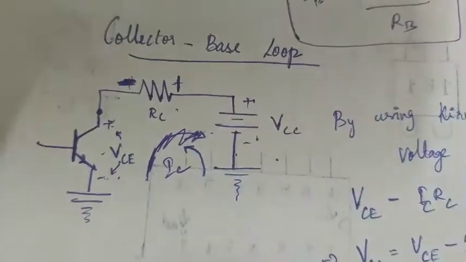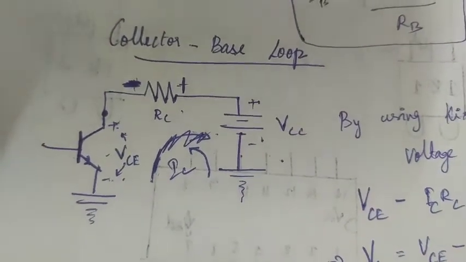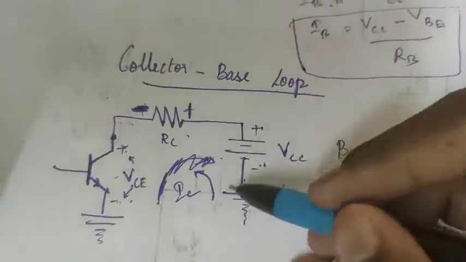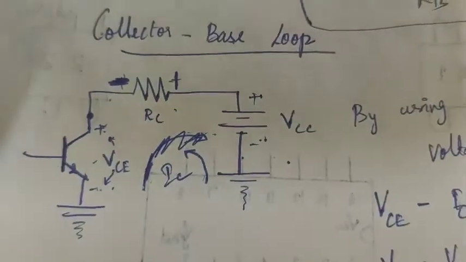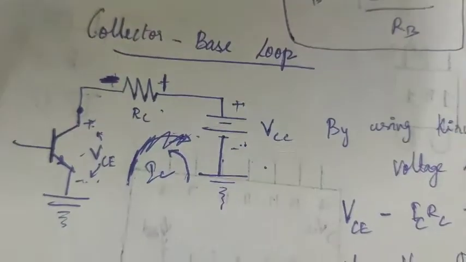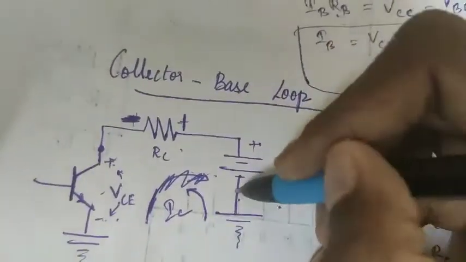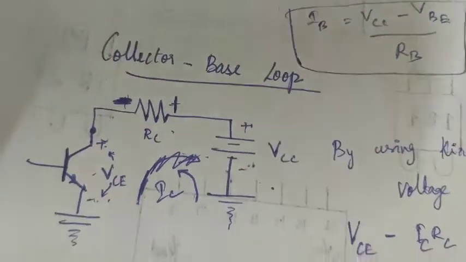The flow of current starts from VCC, because flow should start from IC. So IC should move in anti-clockwise direction, since VCC is on the right side, that is from right to left.